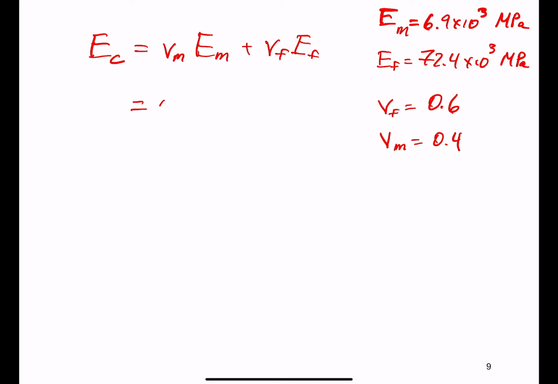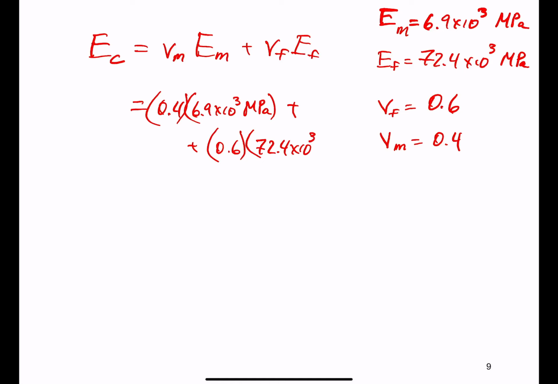So this ultimately comes together to give us the following equation: 0.4 times the 6.9 times 10 to the 3 megapascals, plus 0.6 times the 72.4 times 10 to the 3 megapascals.